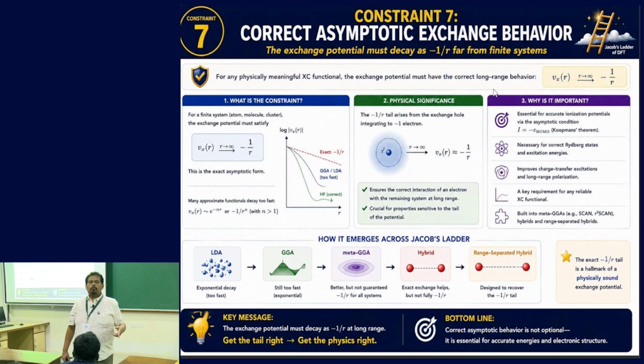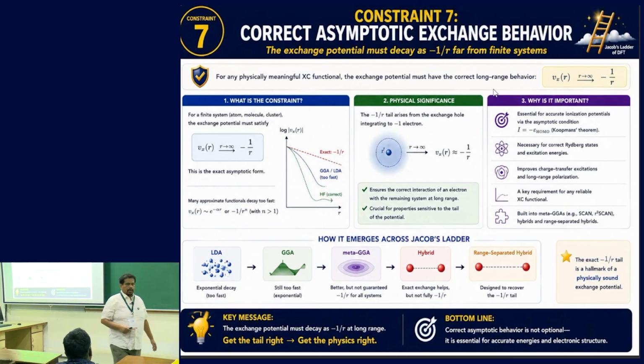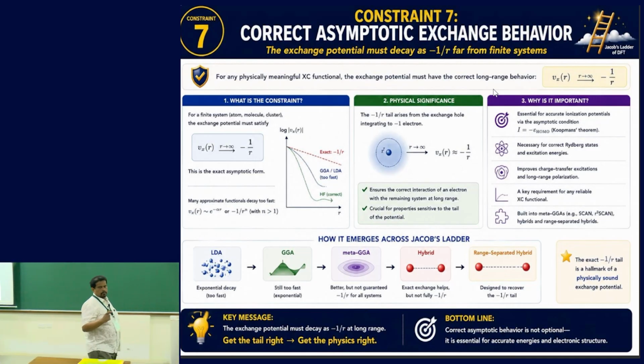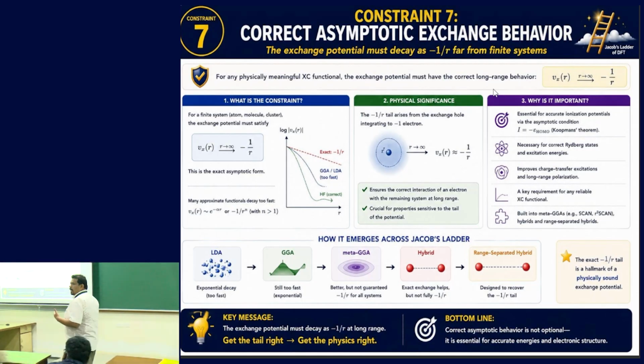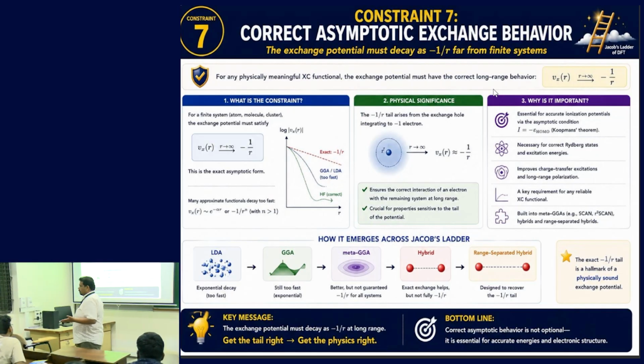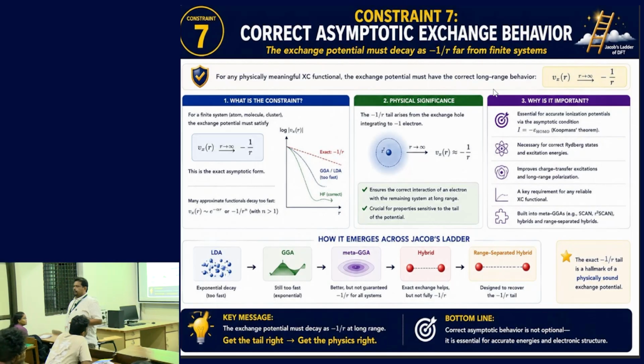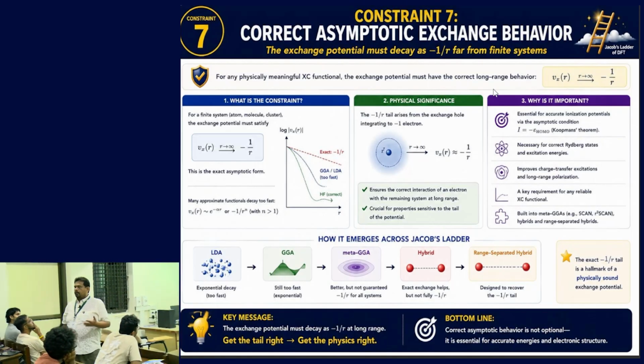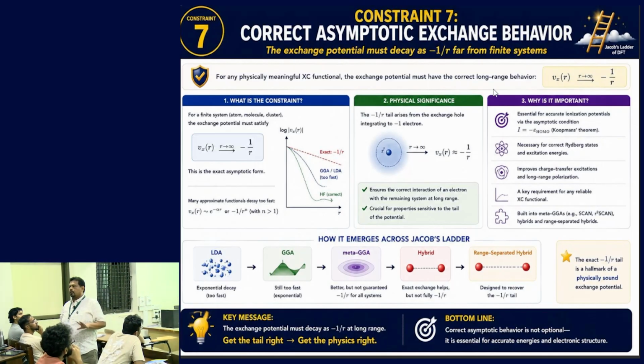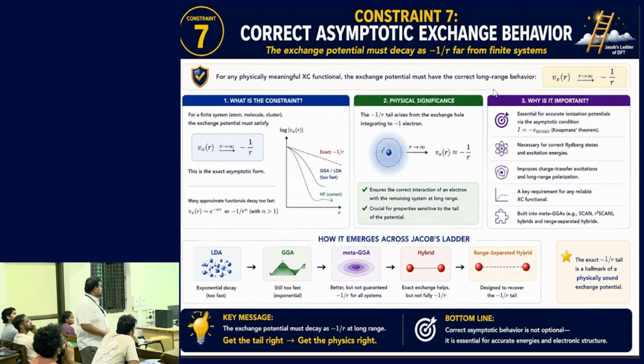So electron removal or addition energy, you can talk about which orbital the electron you are adding or removing, that will be like the Hartree-Fock eigenvalue, negative of that or positive. But in Kohn-Sham it is not working. So why is it required? If you have a correct asymptotic behavior, then most of the properties can be well described. Otherwise it will become nonsense.